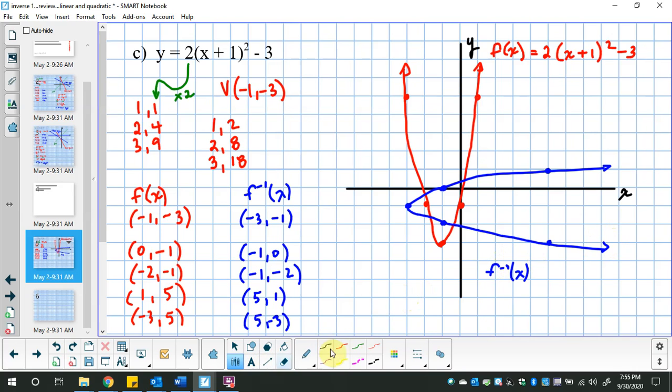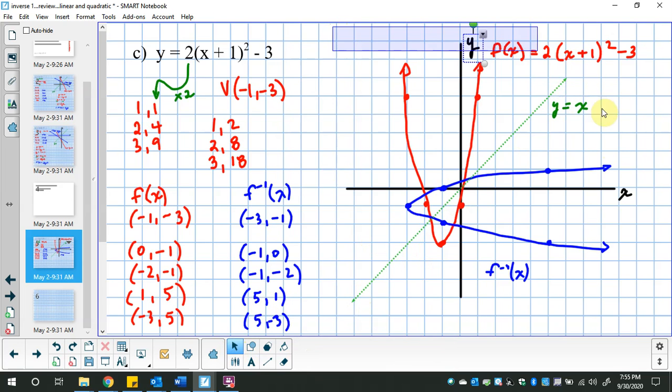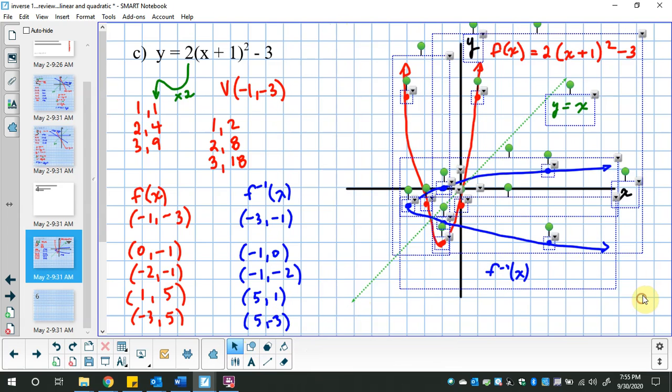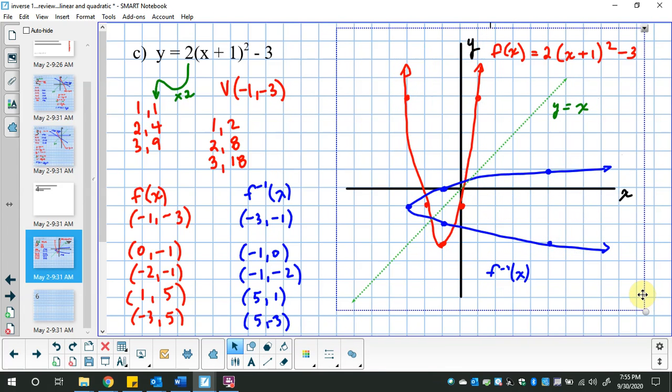And if I glue all this together, after I put down the line y equals x, so there's my line. Glue it all together. Hopefully it's all stuck.